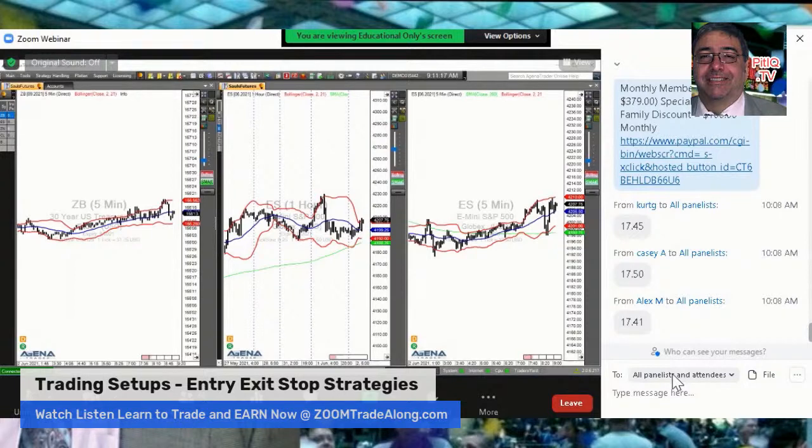All right, so we did have a little buying opportunity down there at our pivot, at our 05, and then we had a nice rotation here off of that.